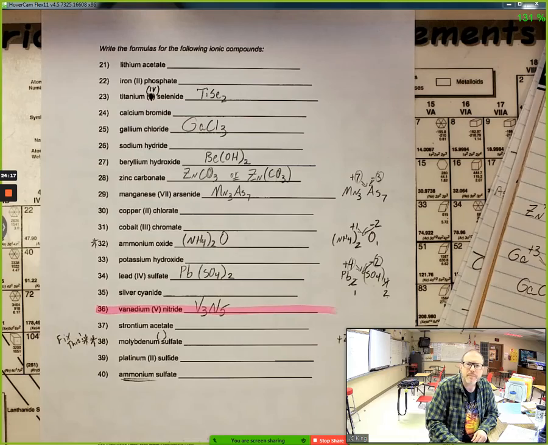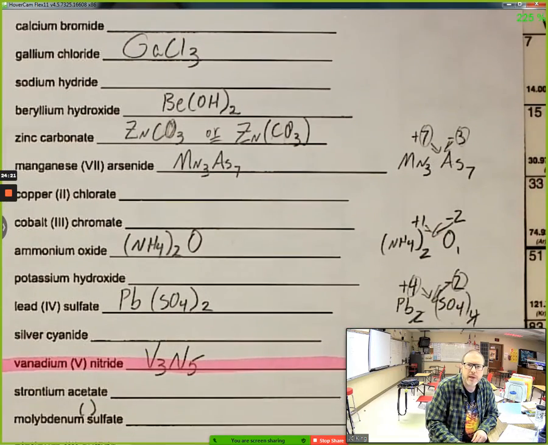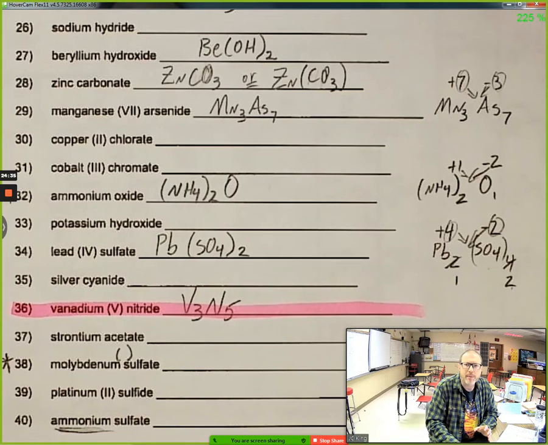So if you take a look at some of the examples I've got right here, that one's in parentheses because I had to have more than one of that ion. So anytime you're going to have to add a number outside of it, a subscript outside of it, then you have to put it in parentheses. Like same thing right here with my ammonium oxide, I had to have 2 ammoniums.